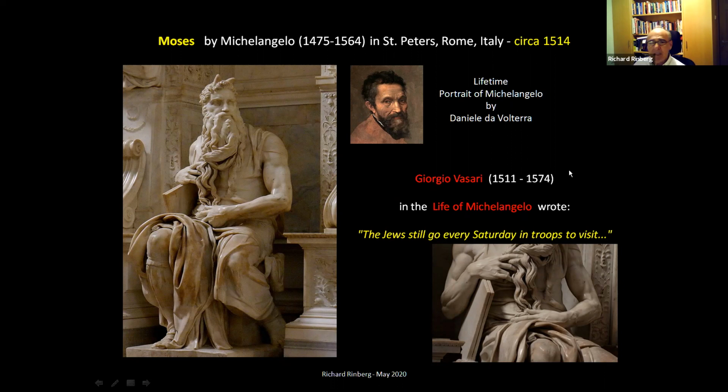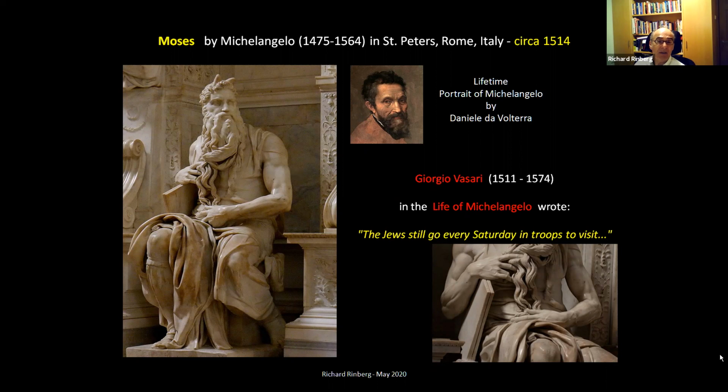But what's interesting is Vasari, who lived at a similar time to Michelangelo, who wrote on the lives of the artists of the Renaissance, he writes that the Jews of Rome used to actually go on their Shabbos afternoon walk to the Vatican, to St. Peter's, specifically to see this statue of Moses.